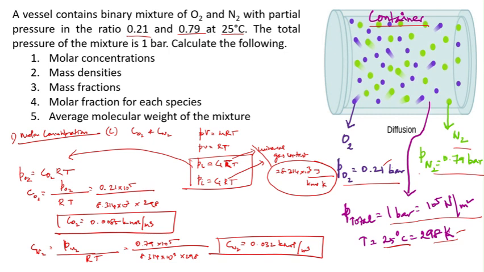After finding the molar concentrations, we are going to find the mass densities. The second term is the mass density. How can we find the mass density from the molar concentration? Here the general formula is rho of i, the mass density, which is equal to the molecular weight of that particular species times the concentration of that species.